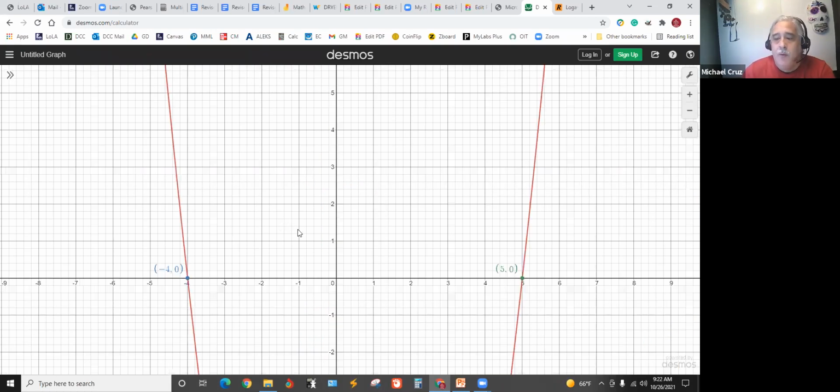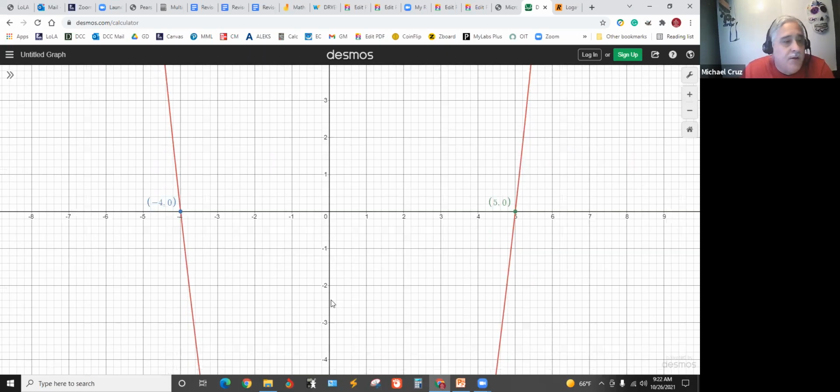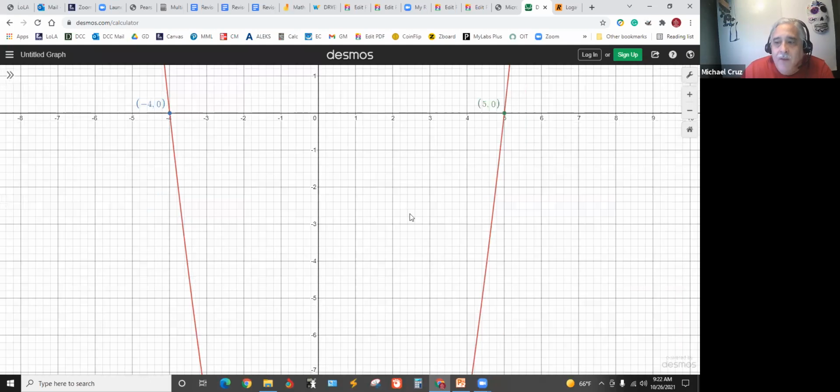When we checked 0 and it came out negative, that was good information. It was true. Notice that the functional value for everything between -4 and 5 is negative. It's below the x-axis. The y value is negative. Okay.